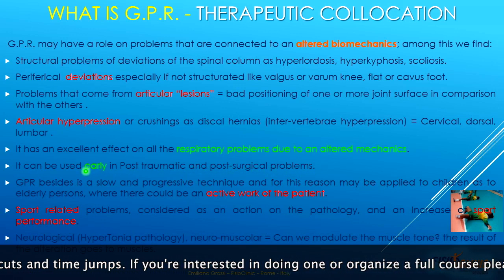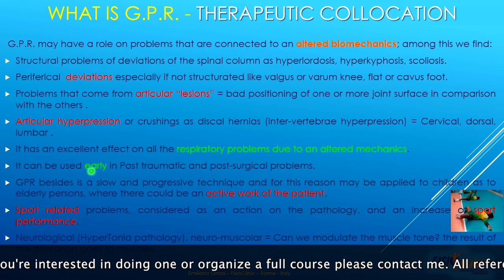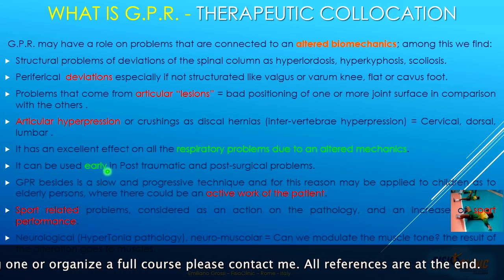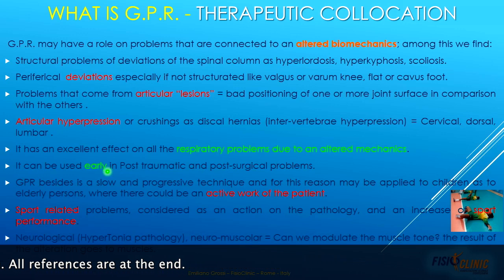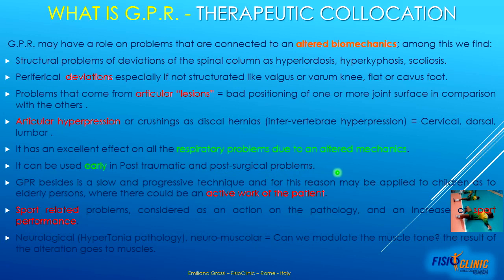We work in strict relation with doctors, and we coordinate ourselves because they know that we can treat those patients very early. This is a very good quality and comes from the way of application of RPG, which is slow and progressive.